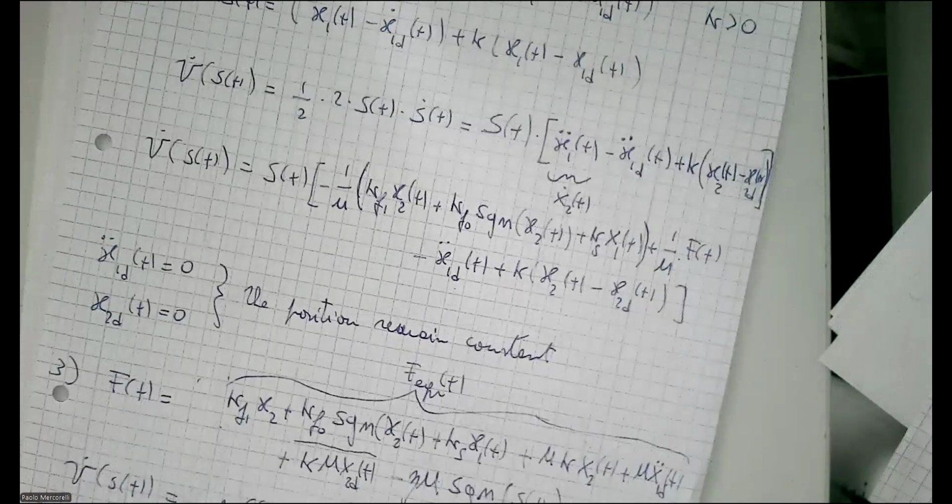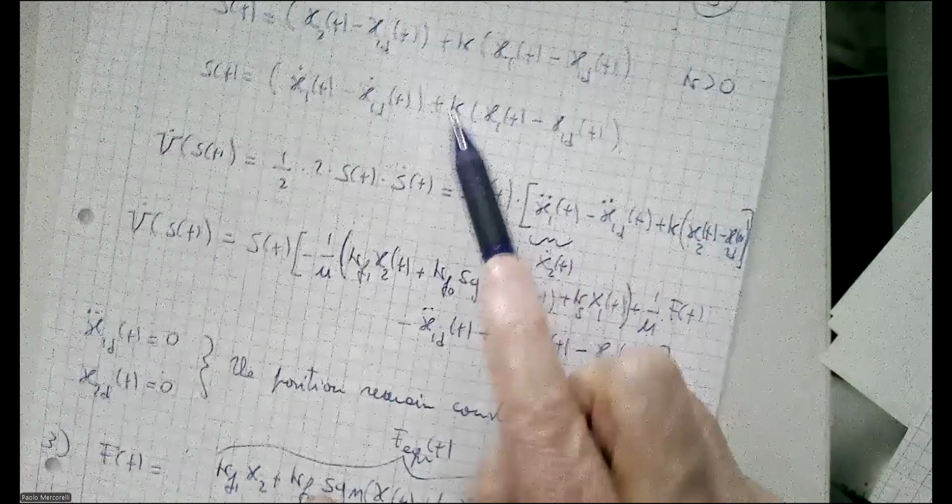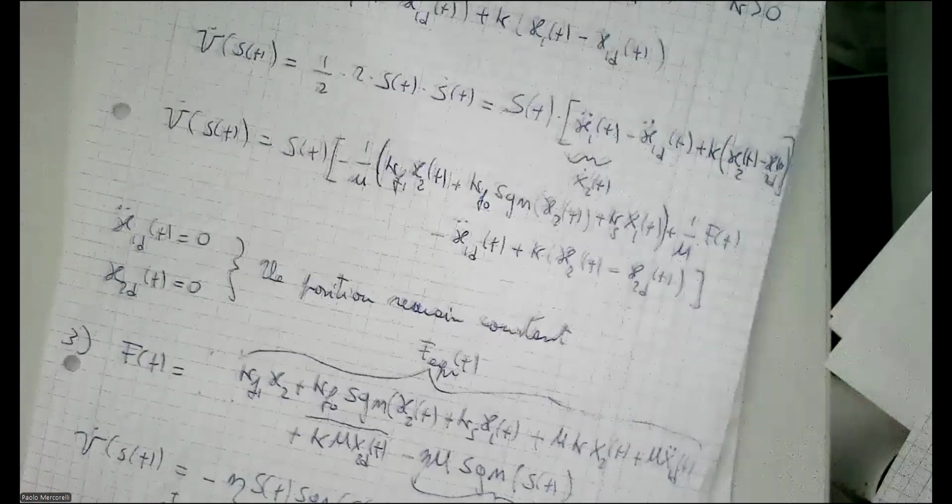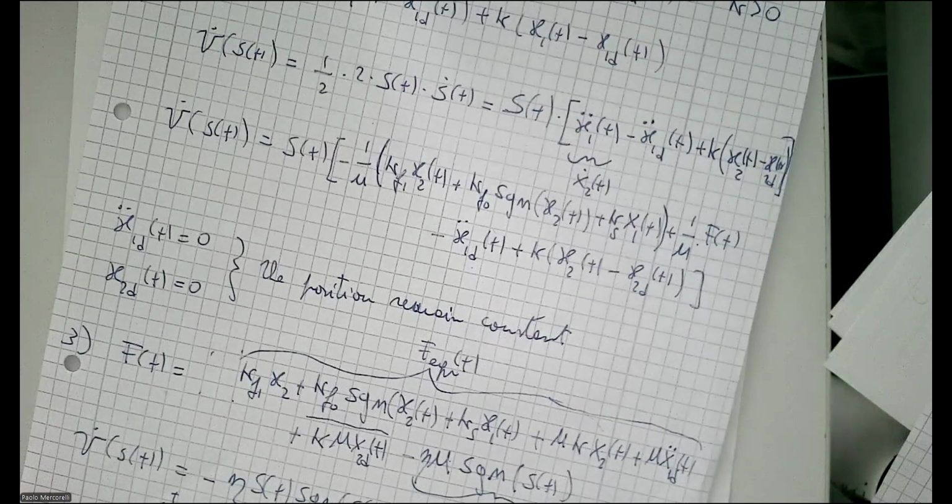K is positive. But which kind of effect does k have on the dynamics? I have seen that eta increases the speed, but of course, increasing the speed, as always, is intuitive, we can also increase the oscillations around the equilibrium point, or the goal. Let me say the goal.